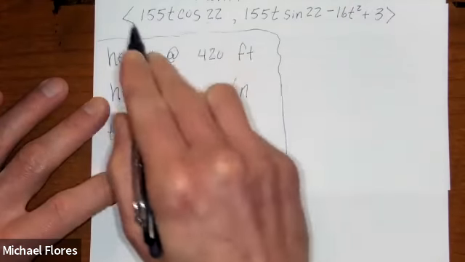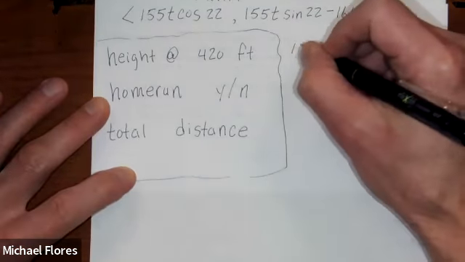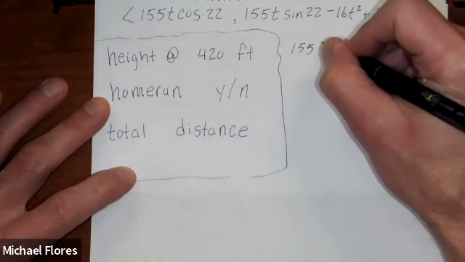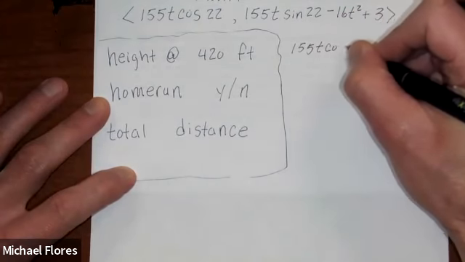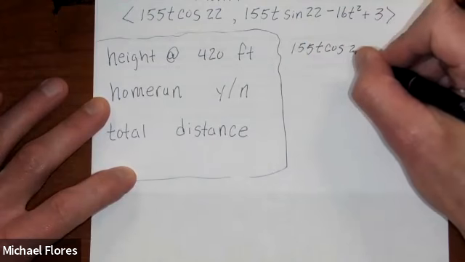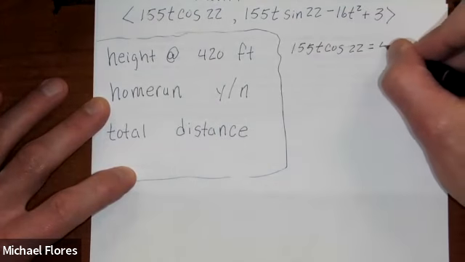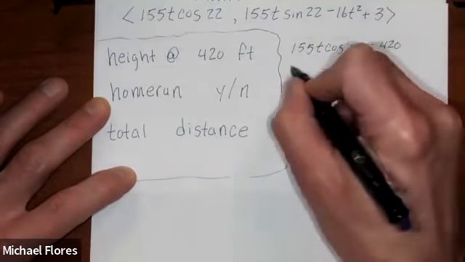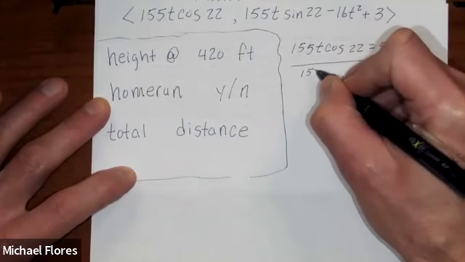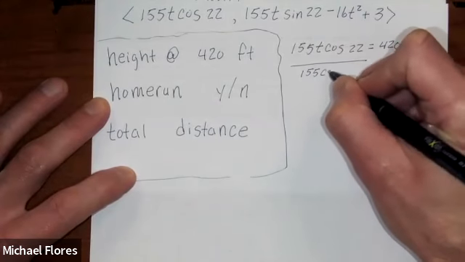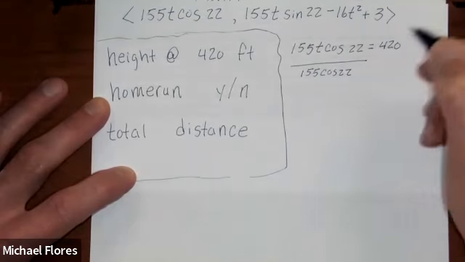We're going to take the x portion of our parametric equation here and set it equal to the distance of the fence. Then divide both sides by 155 cosine 22.